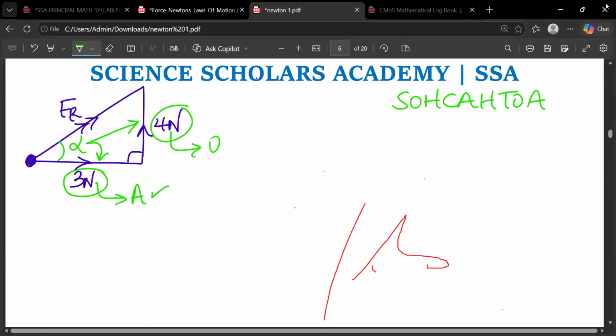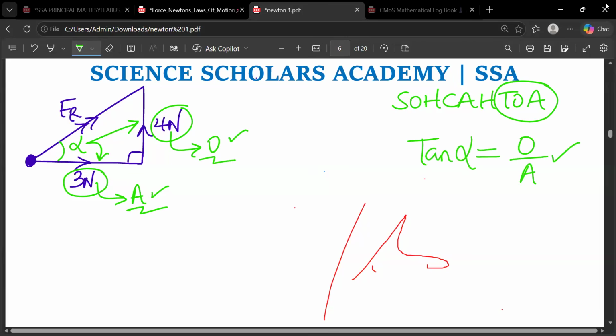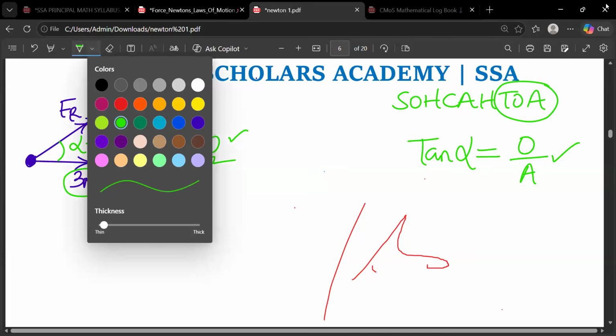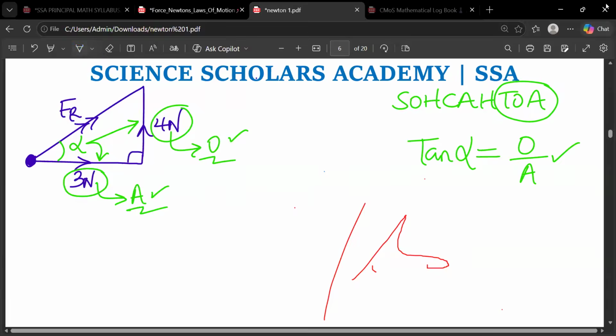So this is opposite. That means the only trig function that can help us get alpha is the one that takes on the O and the A. From SOHCAHTOA, it is the TOA. That simply means that tan of the angle alpha shall be the opposite over the adjacent. I told you that in trigonometry, even in that first class, so I don't want to overspeak. But I want you to recall that this one is the force in the vertical plane, the y plane.